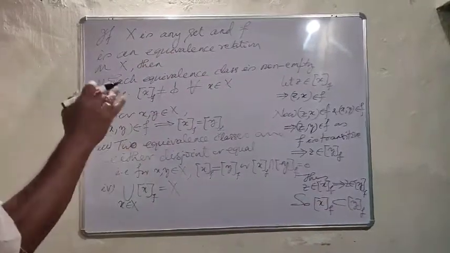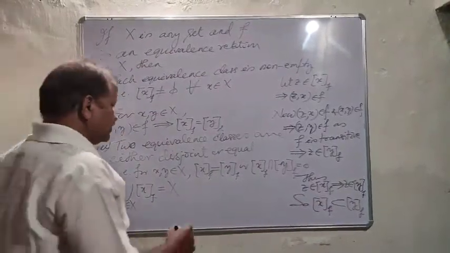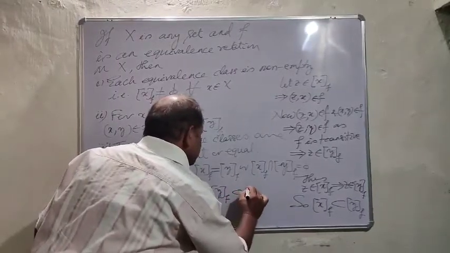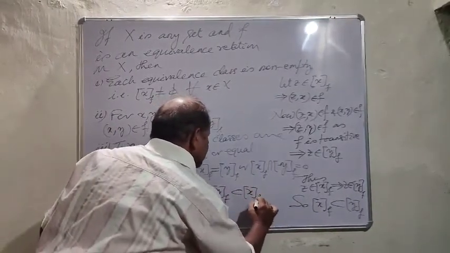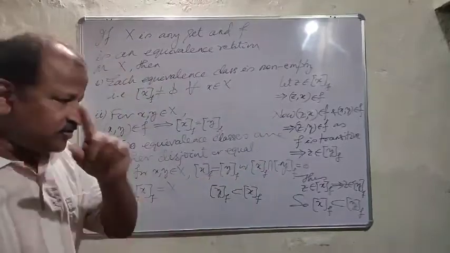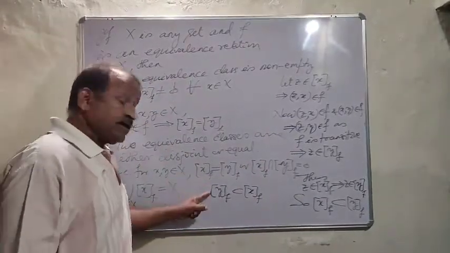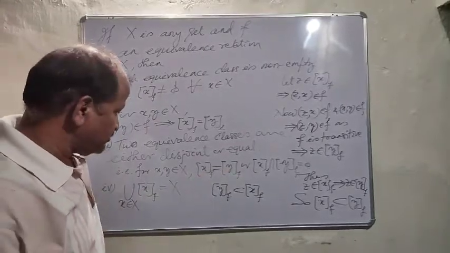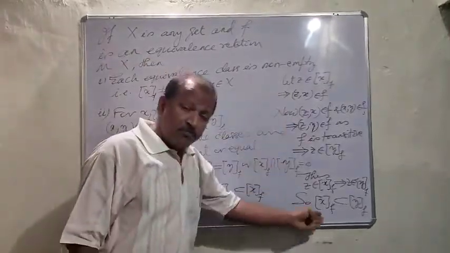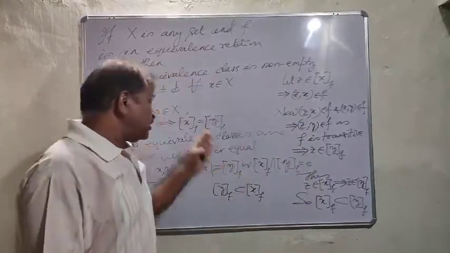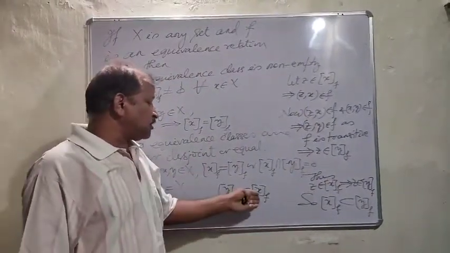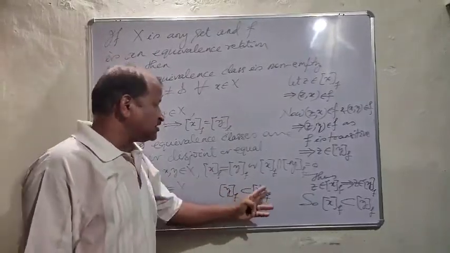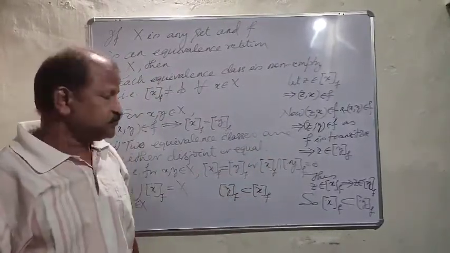And with a similar argument we can show that the equivalence class of Y is also a subset of the equivalence class of X. It is left for you. You take an element W belonging to the equivalence class of Y. Then using the same procedure, you can show that W is also an element of the equivalence class of X. That means this will be a subset of this, right?